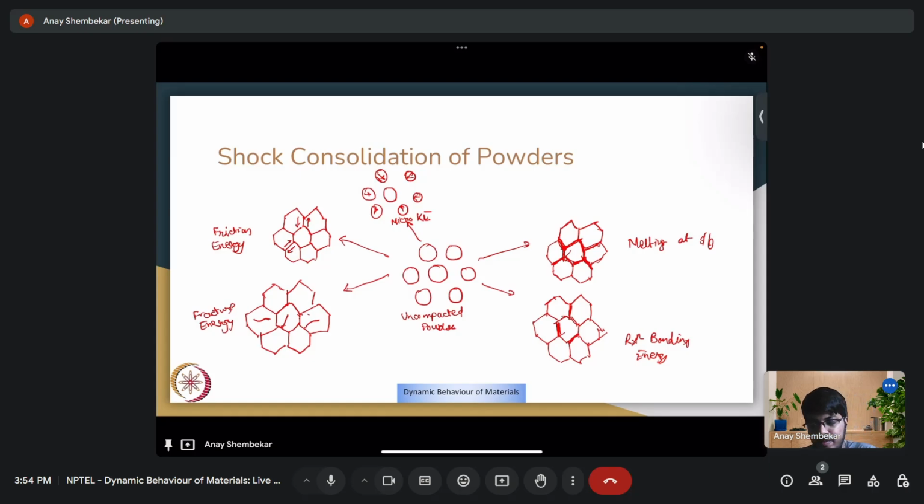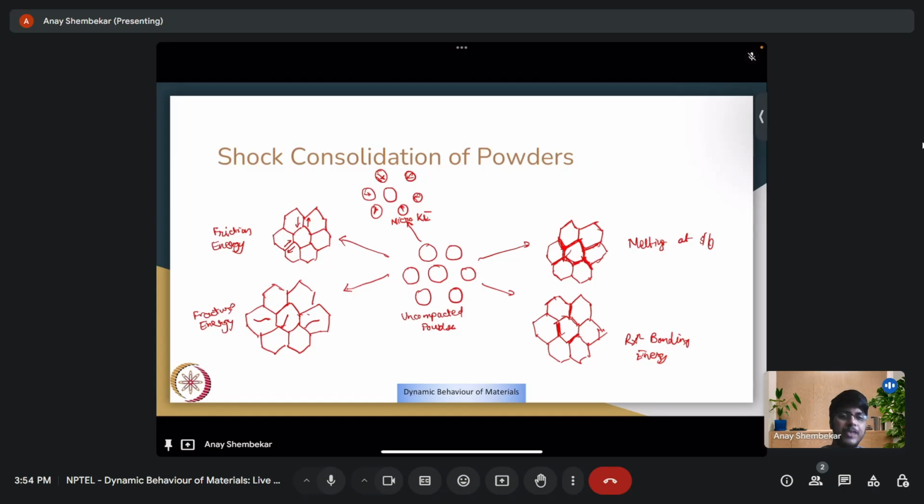So the important thing is that once you apply shock wave loading through the material, as it passes, it carries its own energy, and then that energy will interact with the particles. Some of that will be used in kinetic energy, which will then be dissipated in the form of friction. If the kinetic energy is too high, you could have dislocations, and eventually even fracture occurring within the particles.